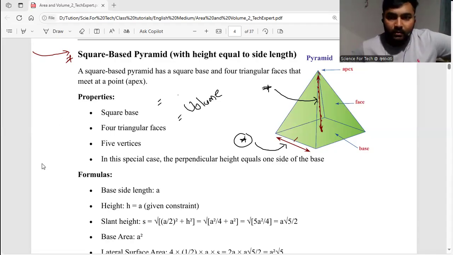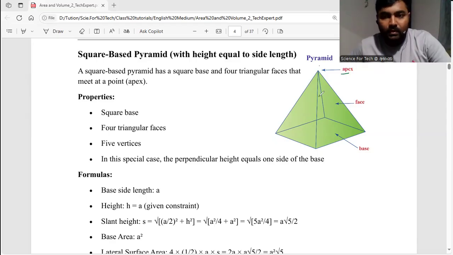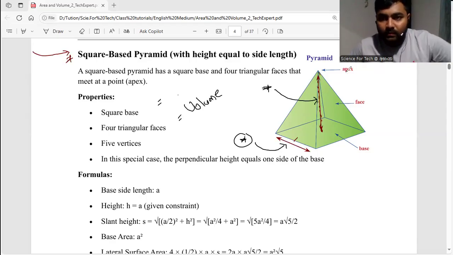Then you have to learn about this point. This point is known as the apex. There are four faces.